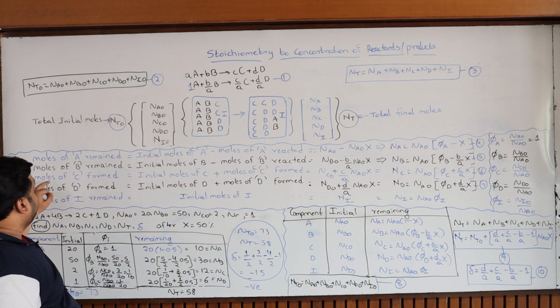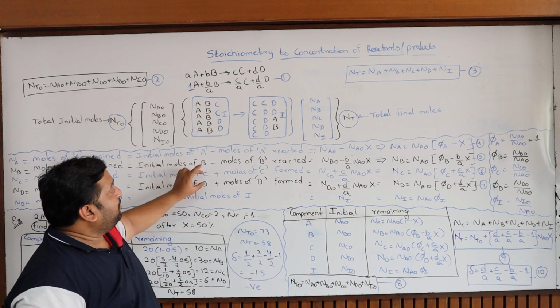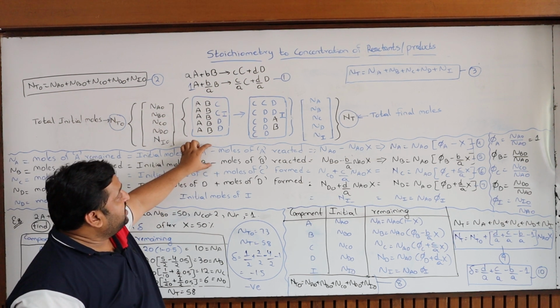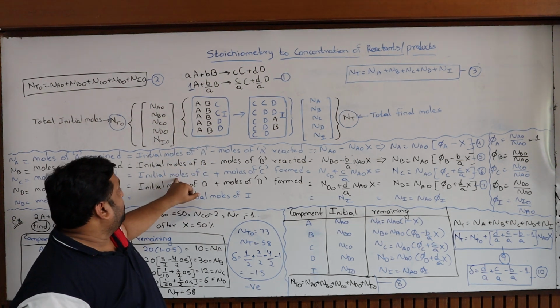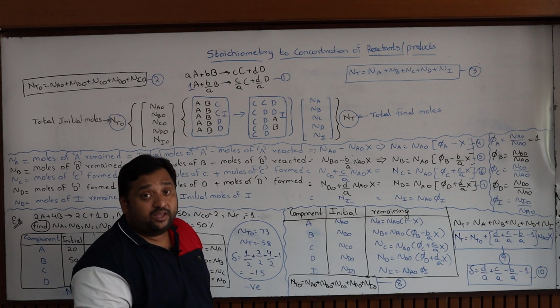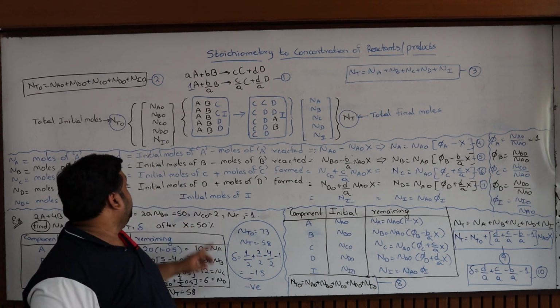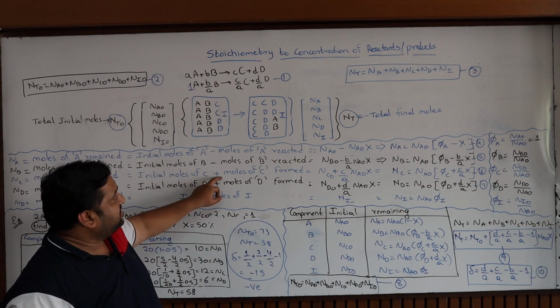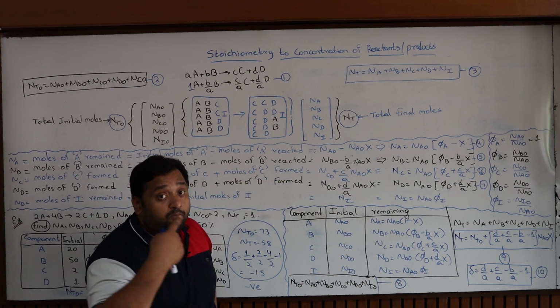Similarly, moles of C formed. For the reactants, the minus symbol will come; for the products, the plus symbol will come. Because C is getting formed, and A and B are getting reacted, it is the initial moles of C plus the moles of C formed during the reaction.